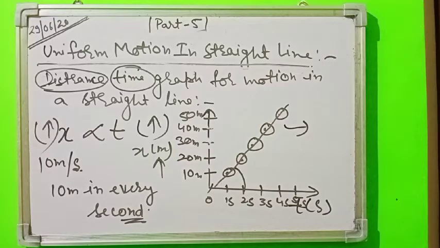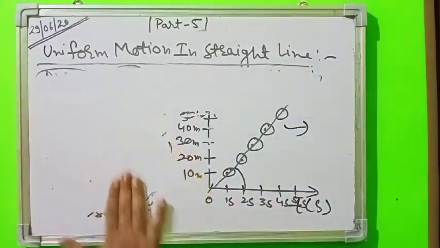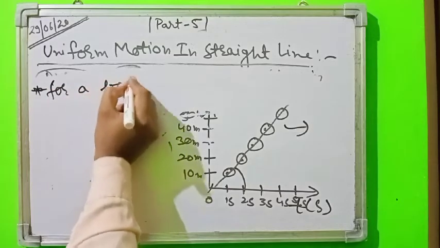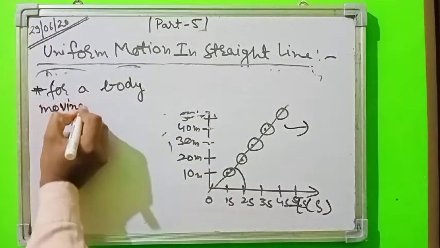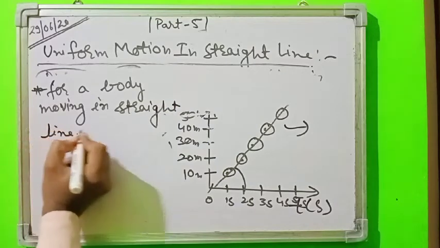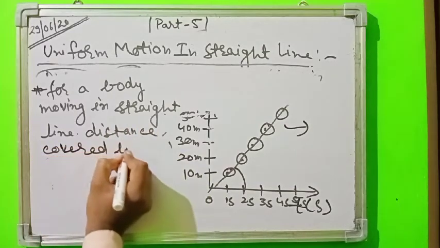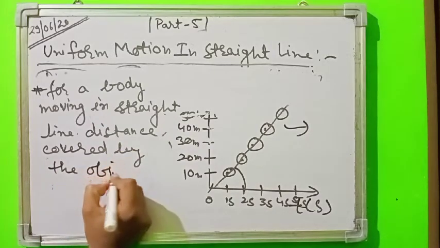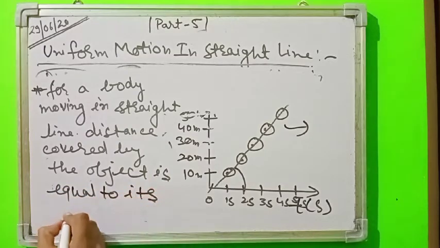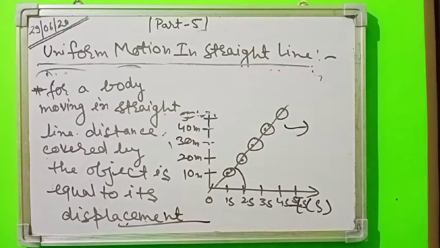For a body moving in a straight line, the distance covered by the object is equal to its displacement.